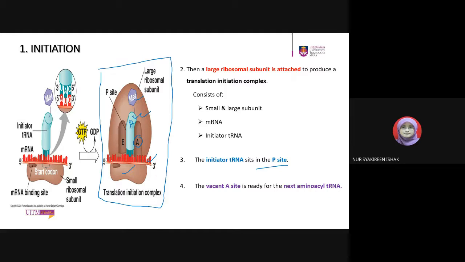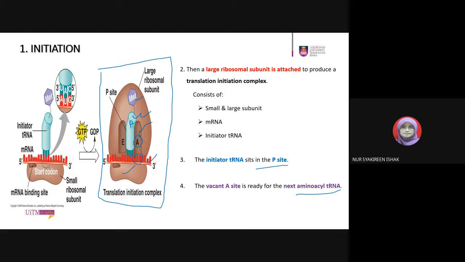So it will read the next codon here, so that the next amino acid tRNA can enter into the A site. From this point now, the next tRNA that brings the next amino acid will always enter at the A site.